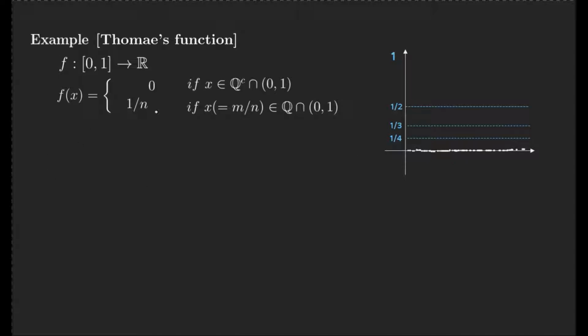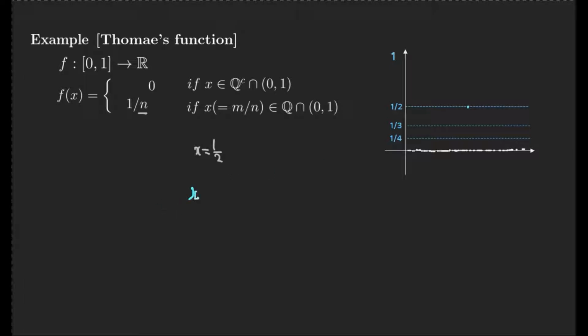In the case of a rational number, every rational number can be expressed as a fraction, and the value depends on the denominator only. So if x is a half, then this is just a half.